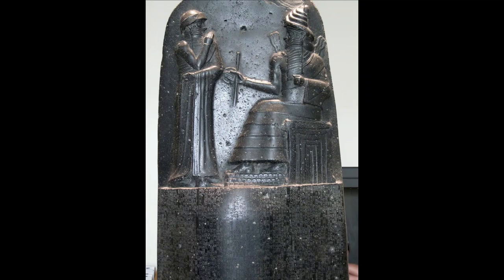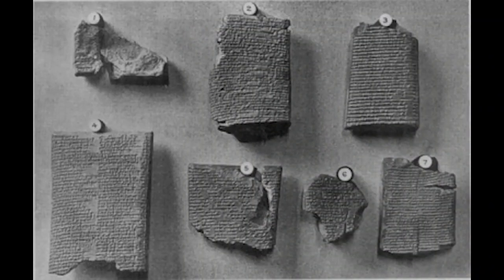And then you also see it in the Code of Hammurabi, Hammurabi being the 6th king of the first dynasty of Babylon. So anybody that's wanting to inquire about this text, go research it and you'll find the ring and the rod being mentioned. Then you also see it in the 4th tablet of the Enuma Elish, which is the Babylonian creation epic.